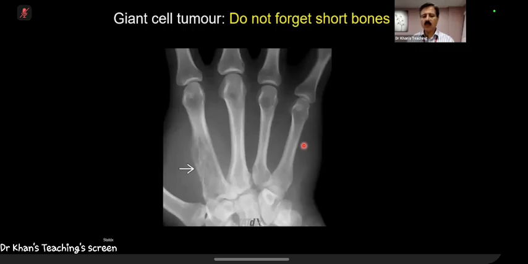With enchondromas, you can have giant cell tumor, as this example tells you. You can have simple bone cyst, osteoid osteomas, aneurysmal bone cyst, brown tumors, fibrous dysplasia. All of these things can occur. So keep your minds open, and the differential diagnosis will depend on other parameters like age and other associated things which you know.